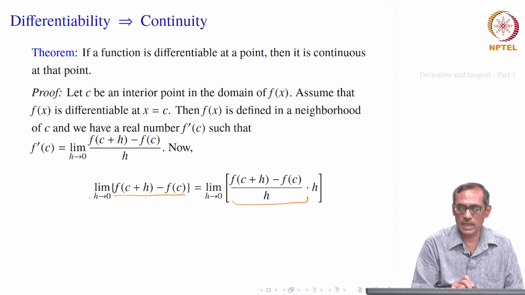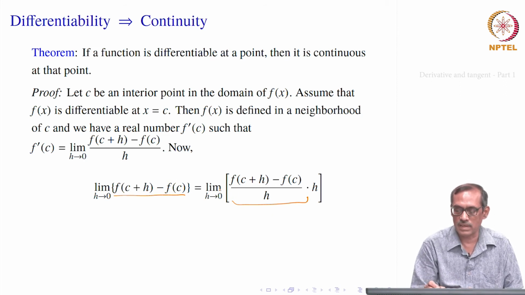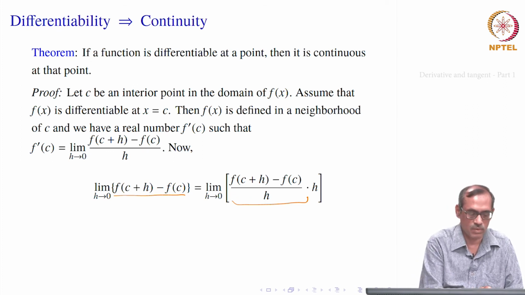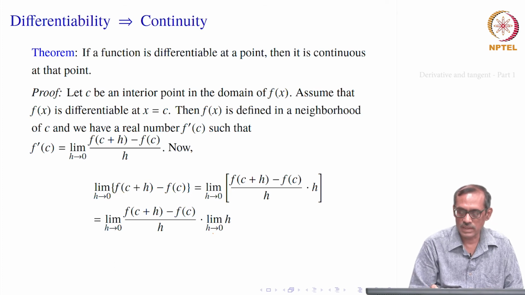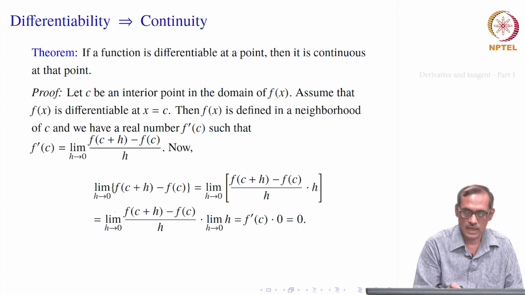Now, when you take the limit on the left side and also the right side of the equality sign, you see that the limit of the first expression exists, the limit of the second expression also exists. So, the limit of the product will be the product of the limits. The first one gives f prime of c, the second one gives 0, that is why it is equal to 0, right.